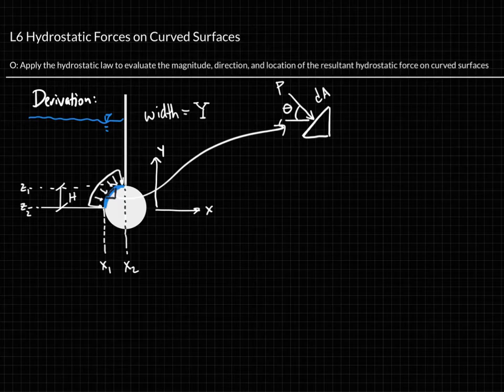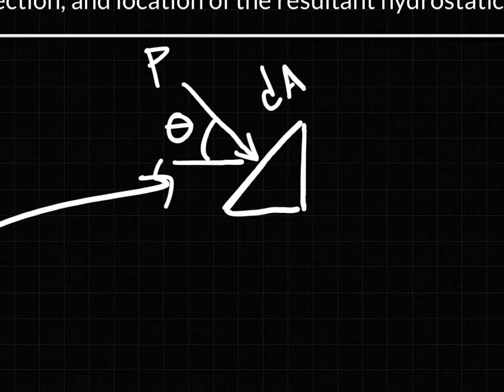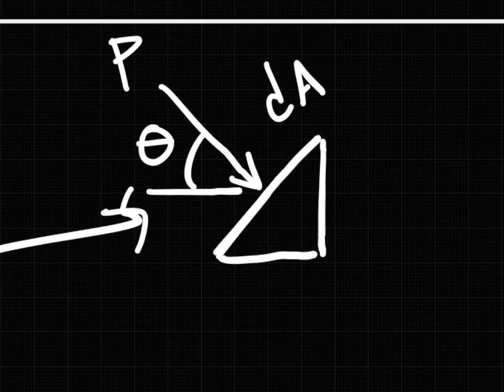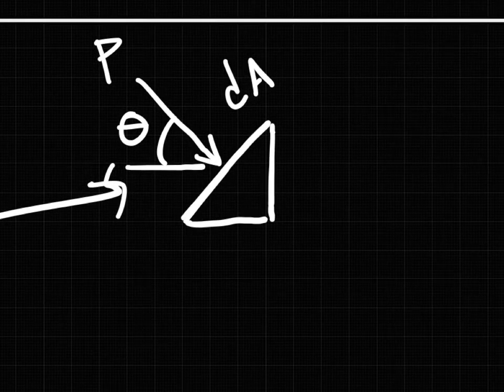We note from the trig, and here I'm going to zoom in on this so it's not so far away, that this angle right here is also theta. So we will note that this dA is like a sliver into and out of the board, so it's got a width of y.